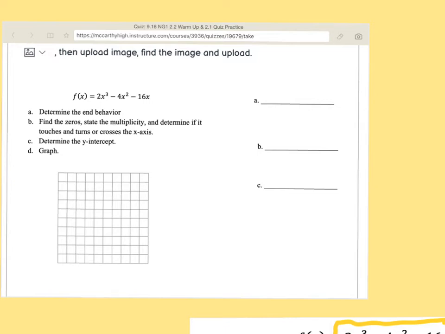Yeah, but in terms of working out. All the work, so the answers have to at least be in this screenshot, but the work is also going to get submitted at the end. So if you go over the work, it's going to get submitted to the question at the end. For this question, I expect to see A, B, and C filled out and the graph. You can have work, but if it doesn't all fit, then that's going to go at the end. Does that make sense? Okay, good question.